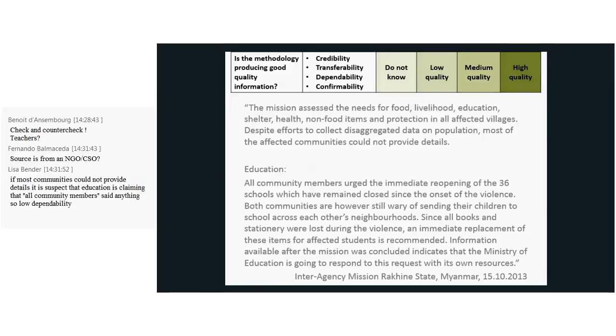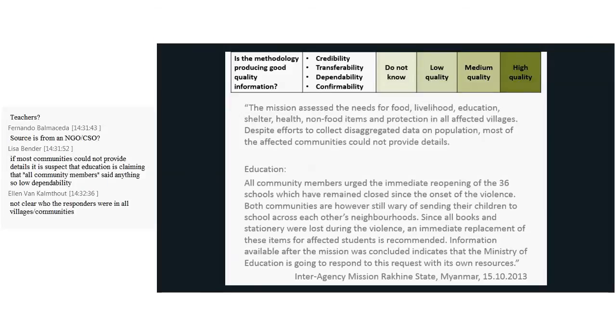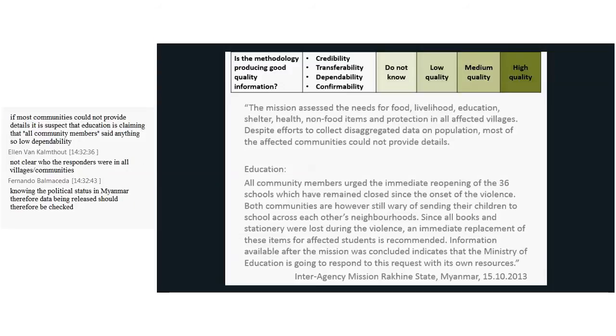So it's a bit maybe low dependability. So a couple more coming in there. Yeah, not clear on the big question then on who was actually asked the questions. And then with the political status, of course, that could influence the answers again if it was a government official compared to an individual in a school.